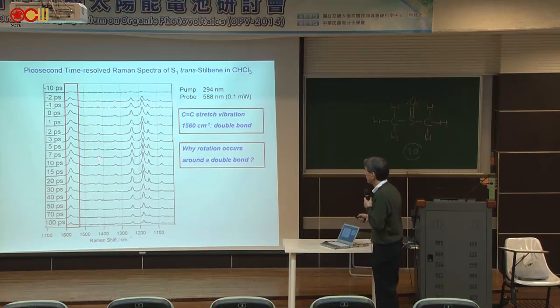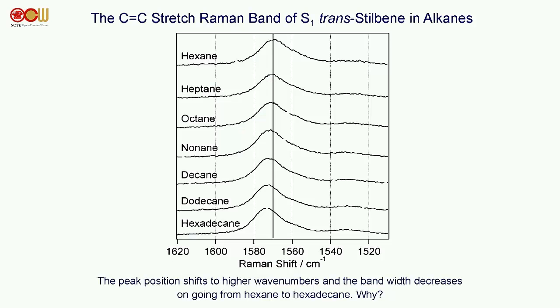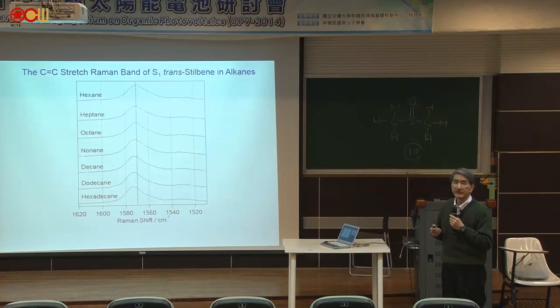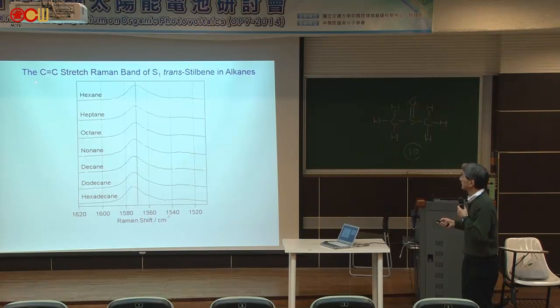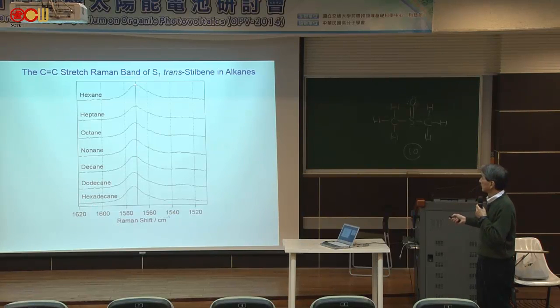So what we did was to measure this band precisely in different solvents. This is the result. Here we are getting very physical-chemistry-oriented. This is the CC stretch Raman band around here at the double bond frequency. If we measure in hexane, we have this band shape. In heptane, this one, octane, this one, nonane, this one, hexadecane, this one. And you see there is a peak shift from hexane to hexadecane.